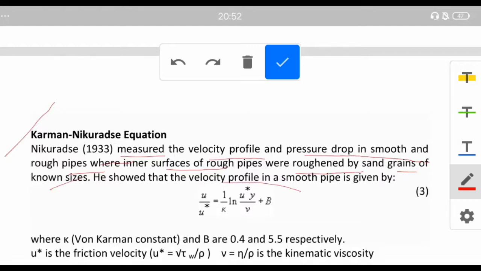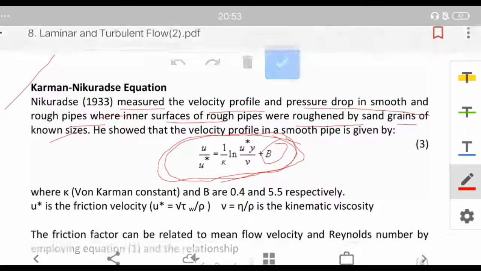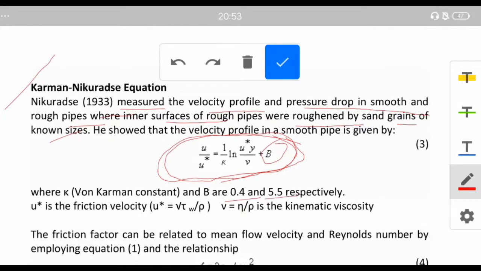He showed that the velocity profile in the smooth pipe is given by u upon u star equals 1 upon k ln of u star y upon nu plus b, where k, the von Karman constant, and b, an additive constant, have values 0.4 and 5.5 respectively.